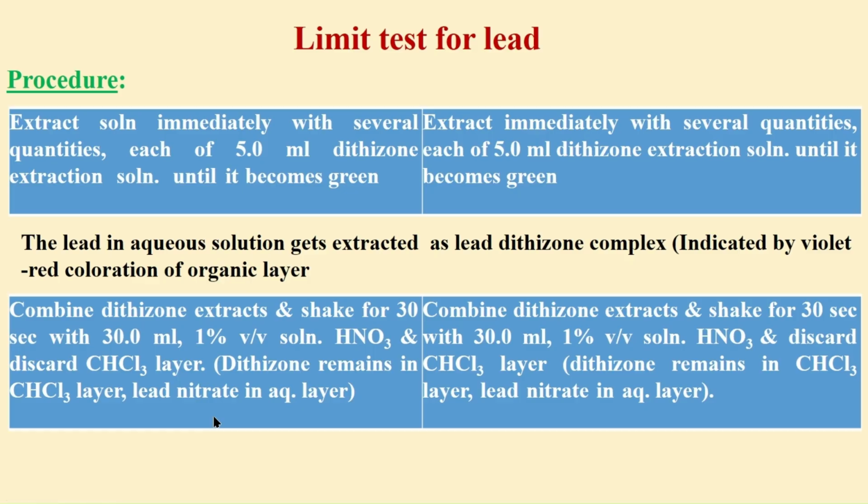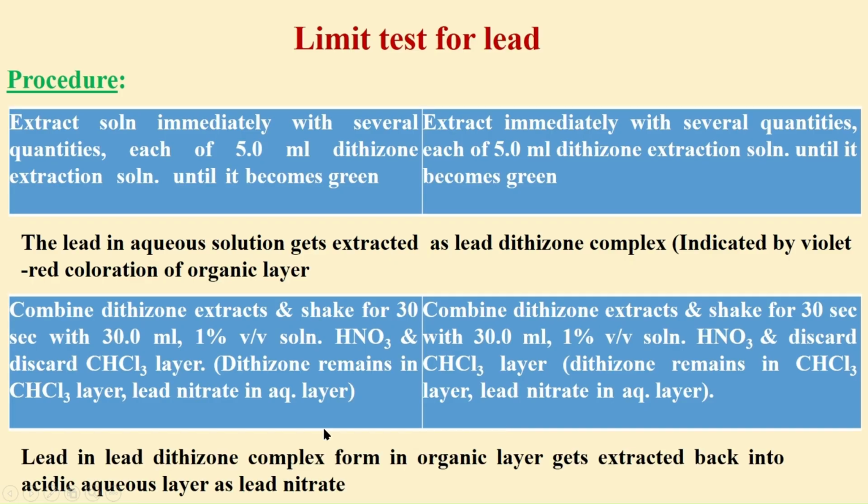The organic layer coloration turns back from violet to green. Whatever was extracted into the organic layer comes back into the aqueous layer in acidic condition as lead nitrate.